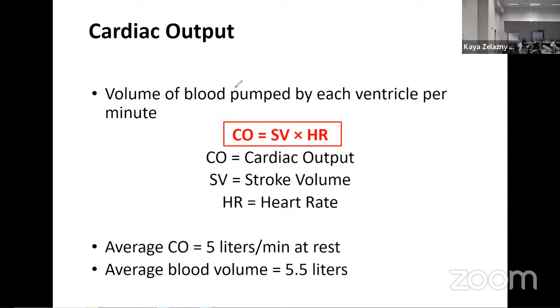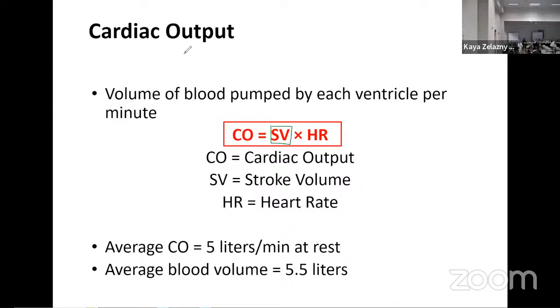We just saw that our stroke volume is how much blood we ejected during the cardiac cycle, which was our end diastolic volume minus our end systolic volume. So just the amount of blood that escaped during each heartbeat.